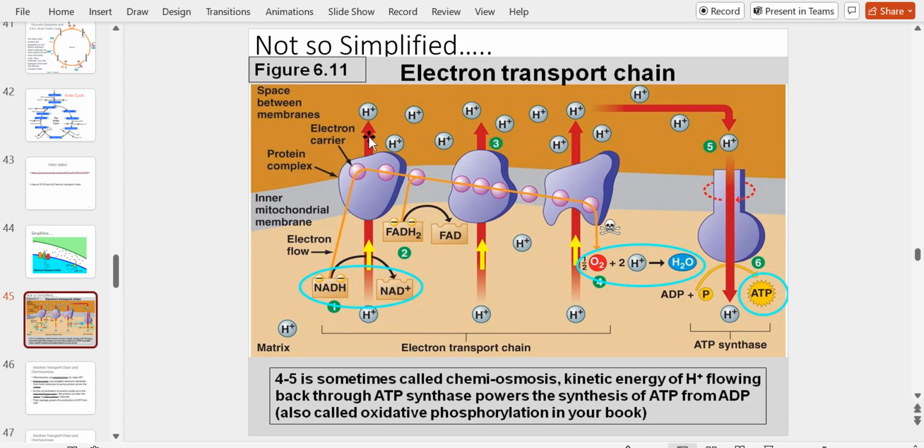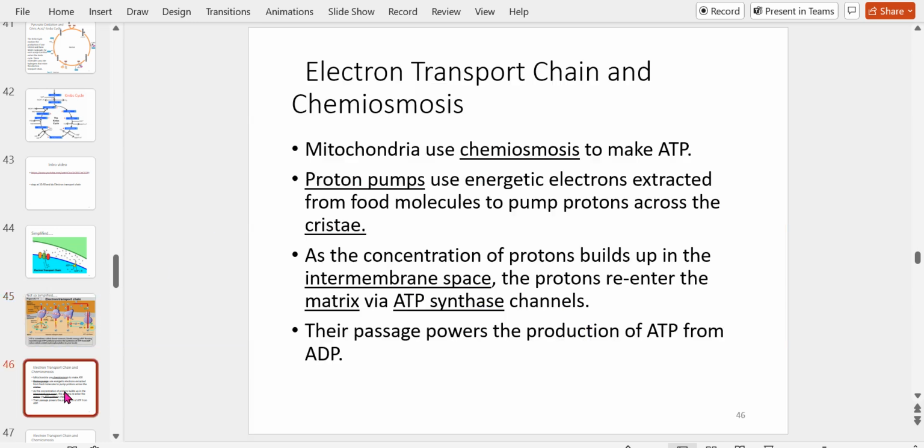Those electrons are pumping those hydrogens out, and you're creating a concentration gradient, which is not natural because you're pumping hydrogens from a low concentration to a high concentration. You're trying to create a battery. You're trying to create energy, the ability to do work.